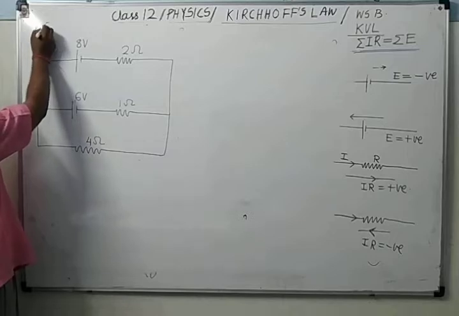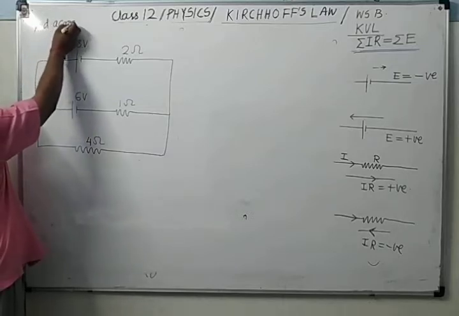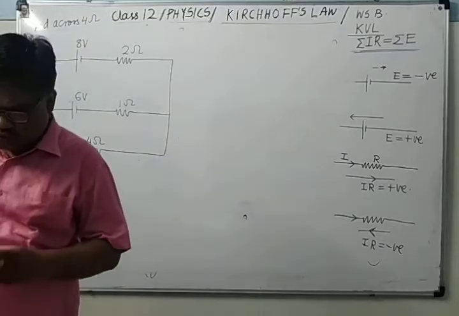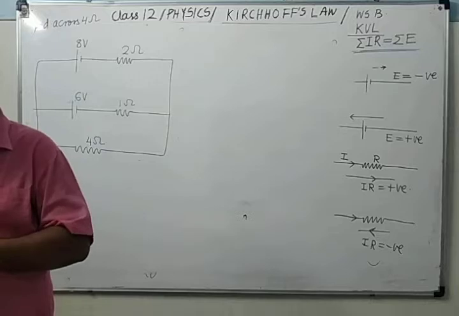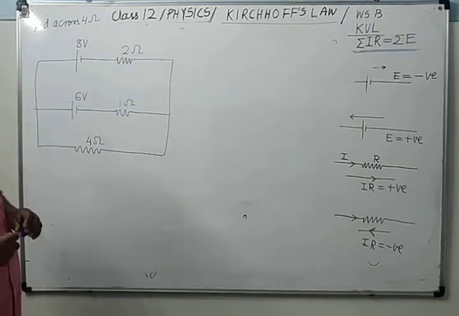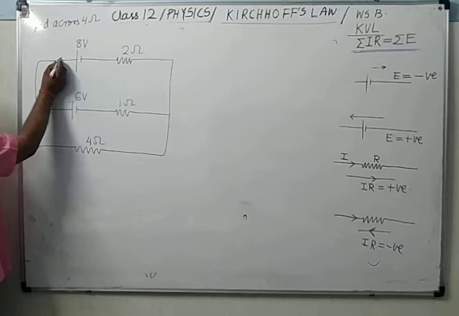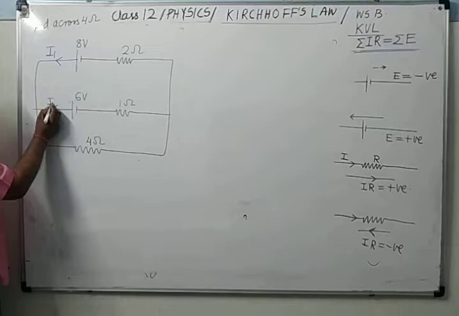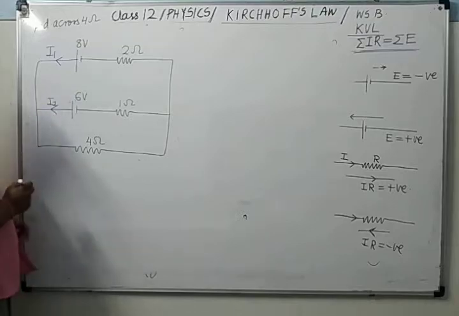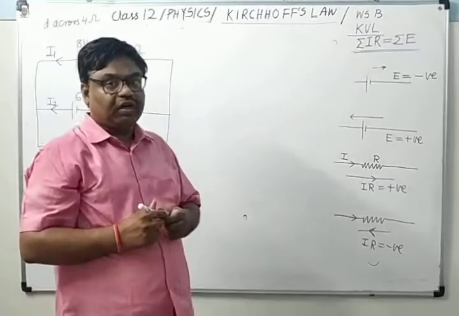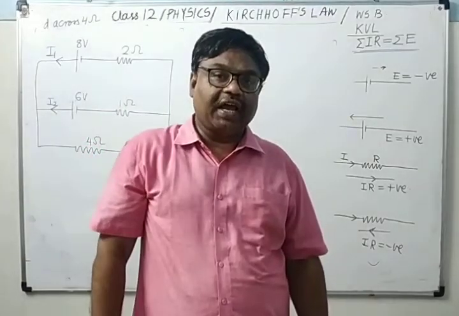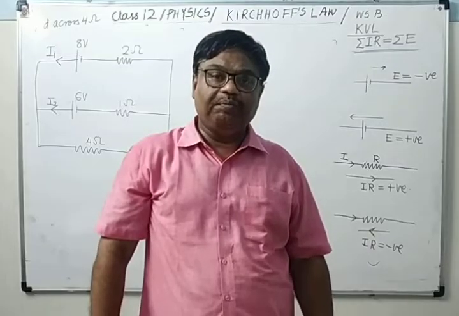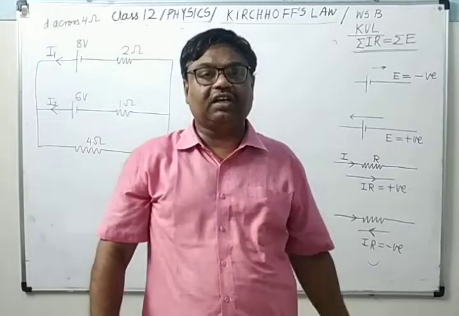Potential difference across 4 ohm, that you have to find. It's clear? So how will you do this? That I explained by taking single current. Here I am taking current I1 from here and I2 from here. One more thing that I have told: if the value of current comes out negative, it means the actual direction of current through that resistor, through that cell will be opposite to that marked in the circuit diagram.